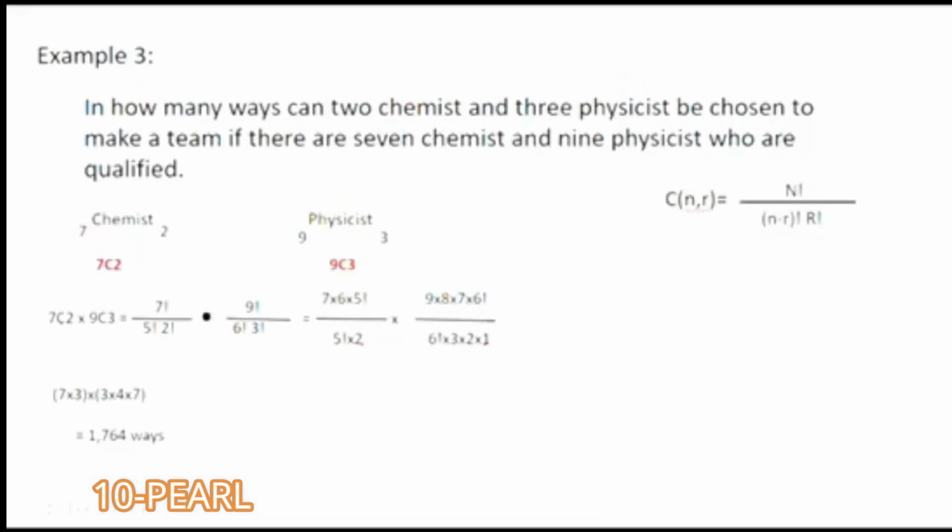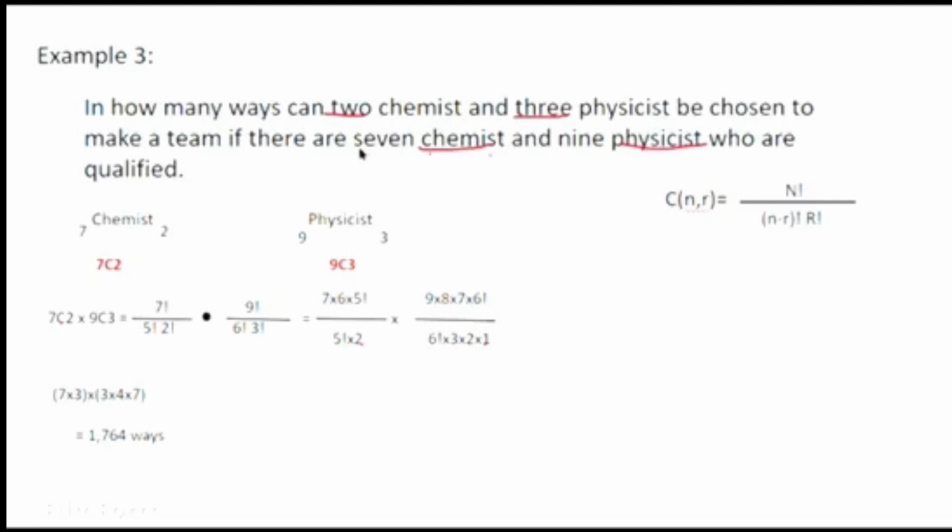For example number 3, in how many ways can 2 chemists and 3 physicists be chosen to make a team if there are 7 chemists and 9 physicists who are qualified? So, sa problem na ito, dalawa yung involved. The chemists and the physicists. So, para makagawa daw tayo ng team, ang kailangan natin sa chemist ay 2, and sa physicist naman ay 3.